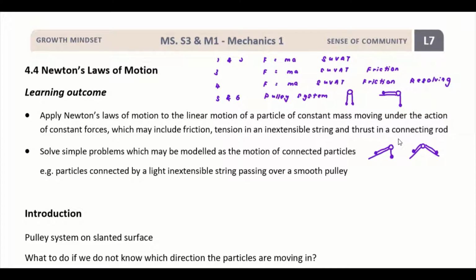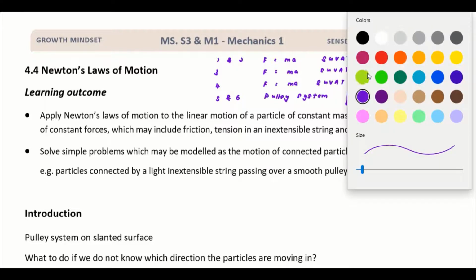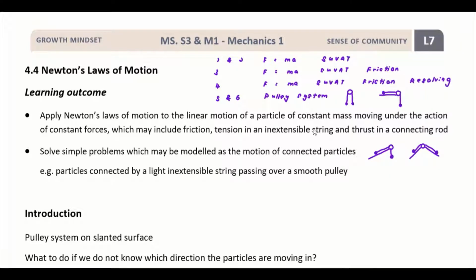But for today's session, we'll be doing everything together, and we involve resolving forces as well. One of the special things that we'll be looking at today is what to do if we do not know which direction the particles are moving in. When we discussed the vertical pulley system, these two particles were just hanging freely in the air.